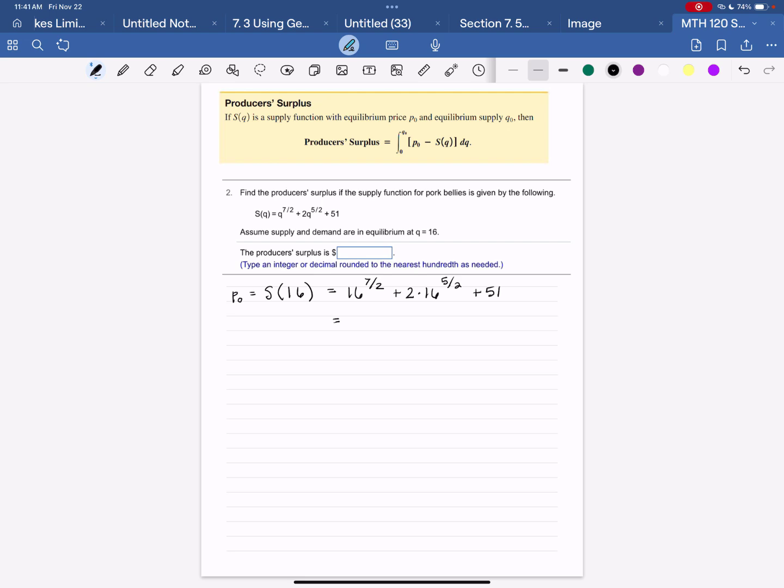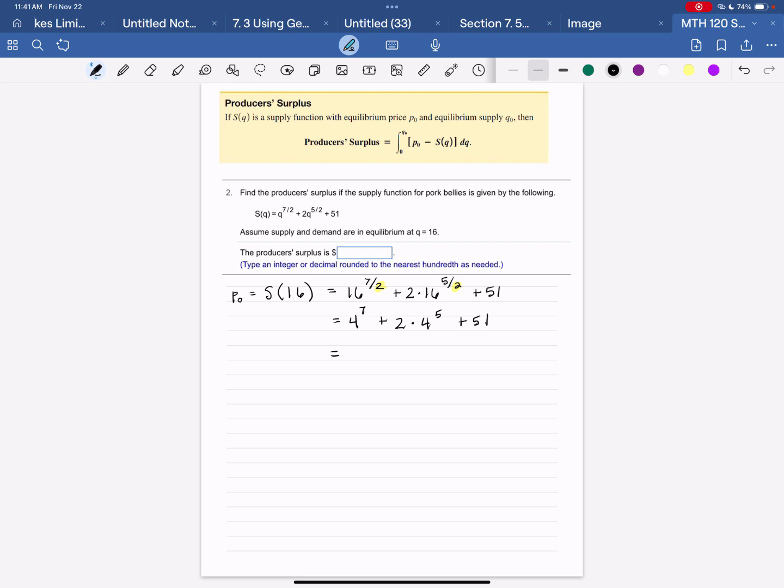Now, a fractional exponent means you have a root on the bottom and an exponent on the top. So in both of these cases, I have a square root followed by a power. So it's going to be the square root of 16, so that's going to be 4 to the 7th plus 2 times square root of 16, 4 to the 5th plus 51.